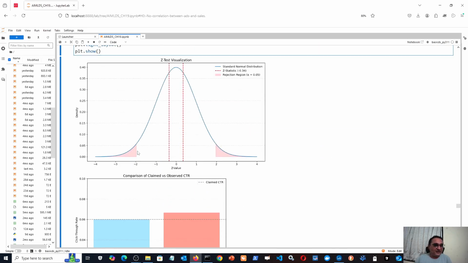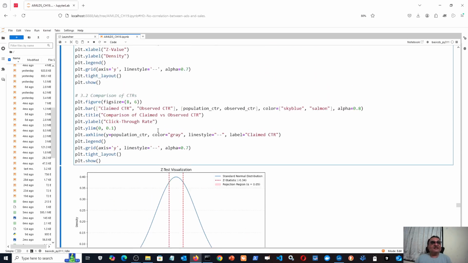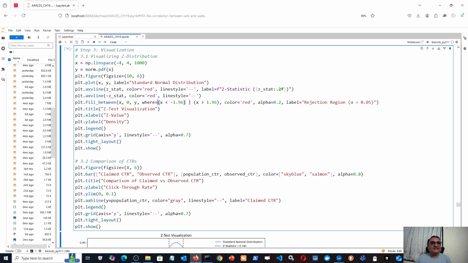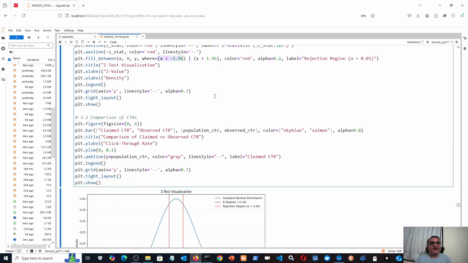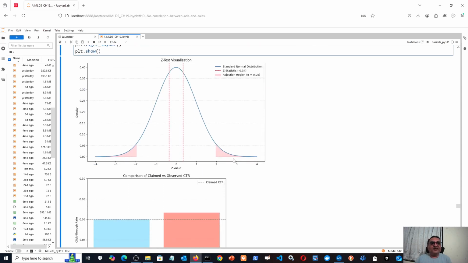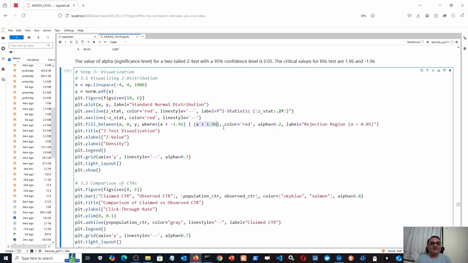So this is the minus 1.96 line, this vertical line here, and this is the plus 1.96 line, extremely close to 2, right? Then this is saying that if x is less than this much, then fill the region with red color, and if x is greater than this much, then also fill it with red color. Some transparency is selected by alpha equal to this, and label that as rejection region.